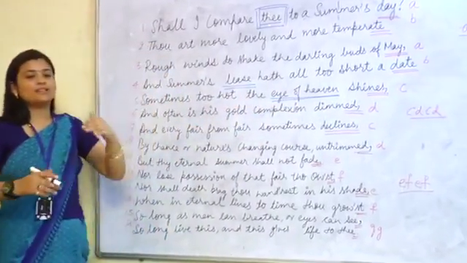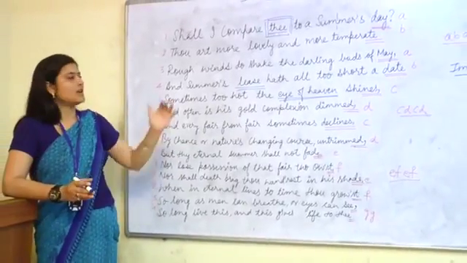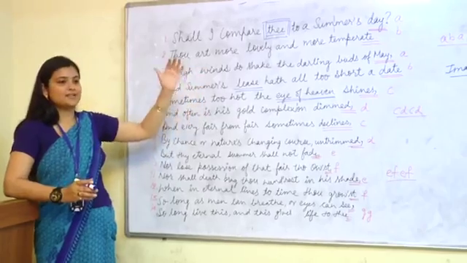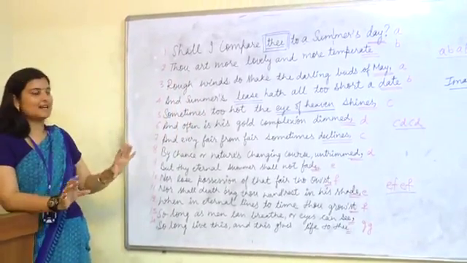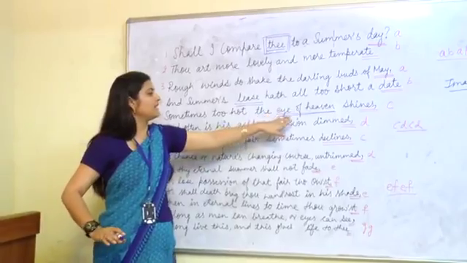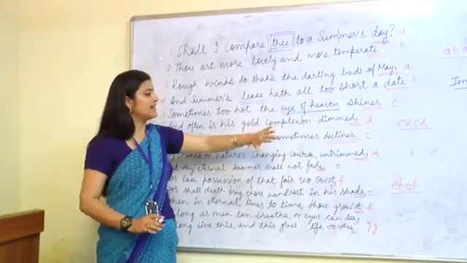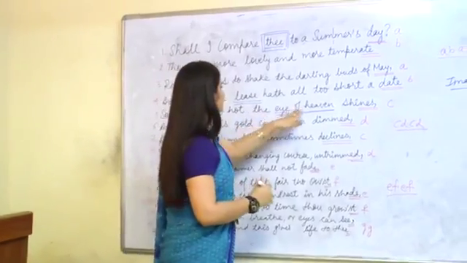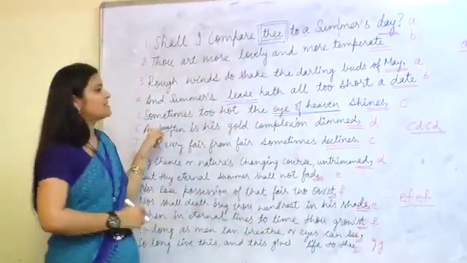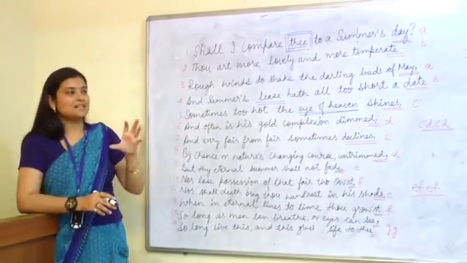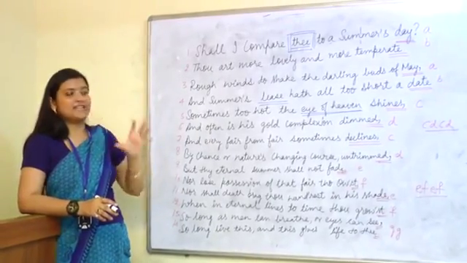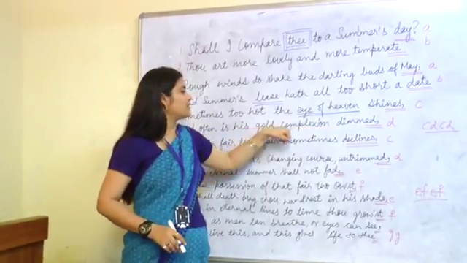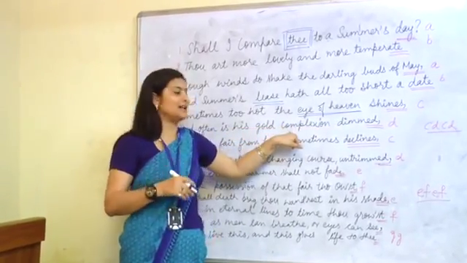When there is pleasant weather in summers, due to the clouds, the shine of the sun is reduced. But when there is a clear sky, sunny weather, then there is nothing in which the sun's shine is lowered. So he's emphasizing that during summers there is a lot of sun shining, a lot of heat due to the sun, and often is this gold complexion dimmed. That gold complexion of the sun is dimmed by the clouds.